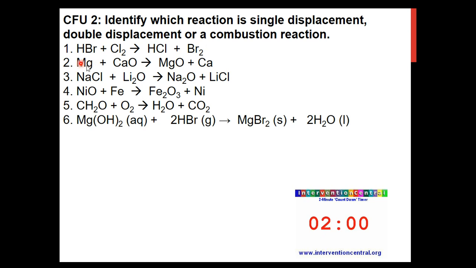Number two, we have a single and a compound, making a new compound and a new single. Again, single replacement. Number three, we have a compound and a compound, making a new compound and a new compound. That's double replacement. There are no singles in this entire thing. Here we have a compound, NiO, and a single, making a new compound and a new single. That's single replacement.